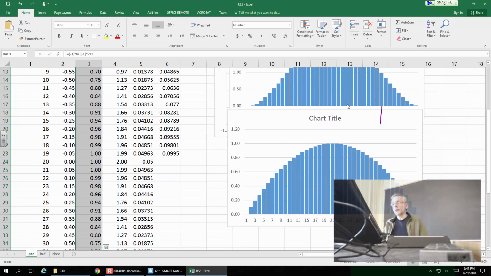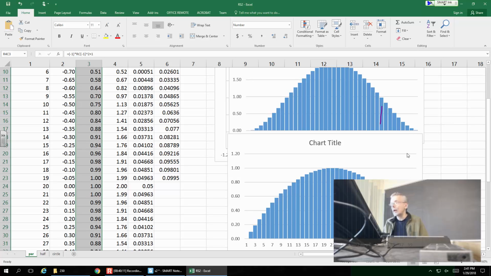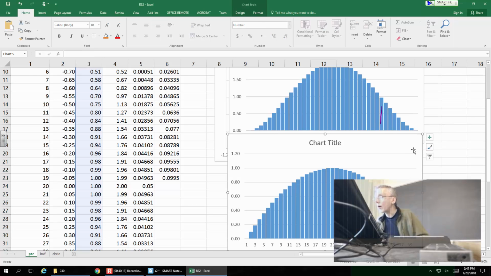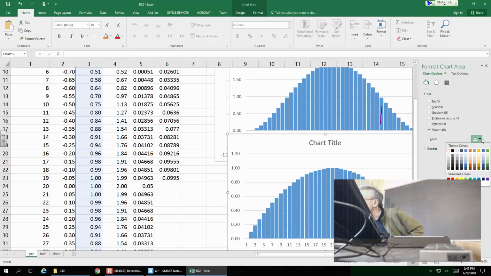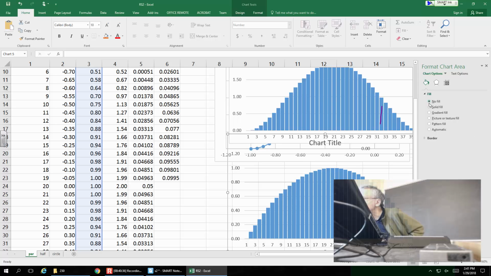That's what it produces. Unfortunately, the two graphs now overlap. I wish there was a way to fill. I wonder if we have. No fill.